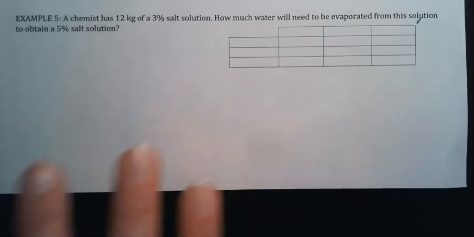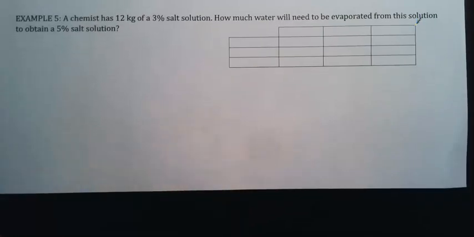All right, example 5. A chemist has 12 kilograms of a 3% salt solution. How much water will need to be evaporated from this solution to obtain a 5% salt solution? Okay, so we don't have a whole lot of information here. It doesn't seem like it, but there's enough to do what we need.